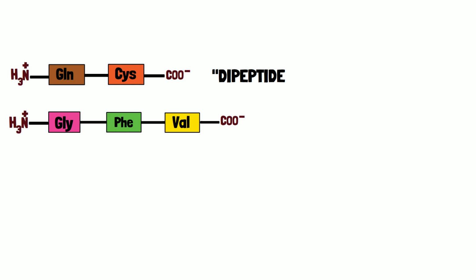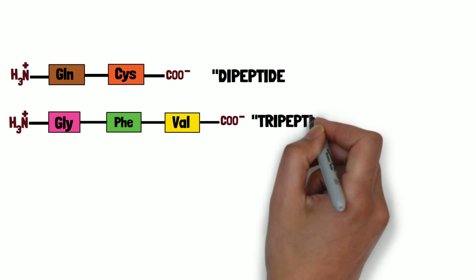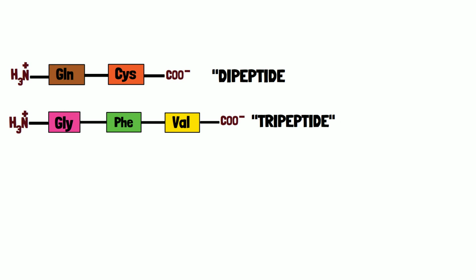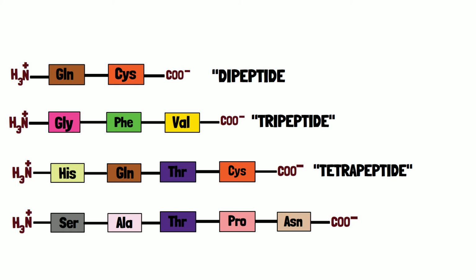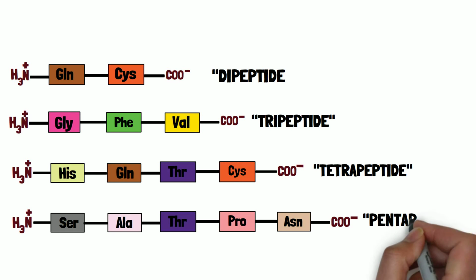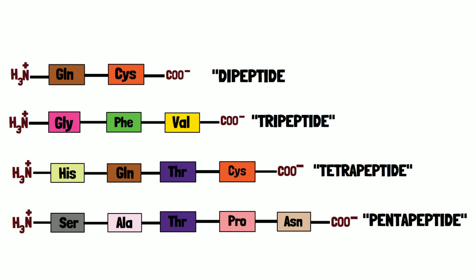So when two amino acid molecules combine, a dipeptide is formed. When three amino acids combine, a tripeptide is formed. When four combine, a tetrapeptide is formed. When five combine, a pentapeptide is formed, and so on.